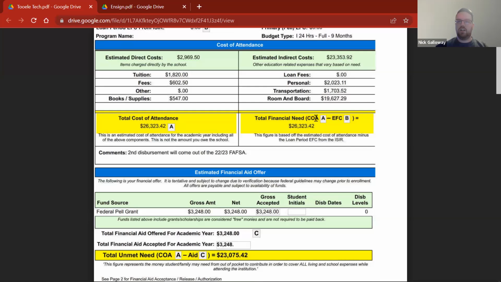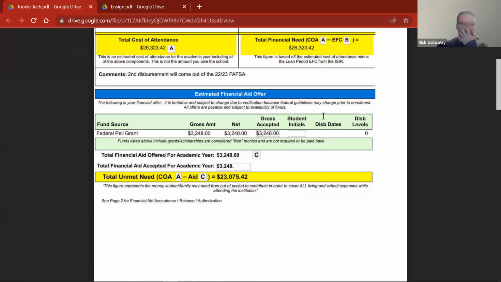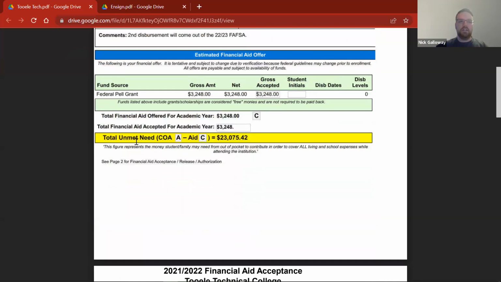You see here our cost of attendance, COA, minus EFC, which is our expected family contribution. Again, those numbers net. And then we do have, as Dylan pointed out, some unmet need, or the net cost is what we called it.